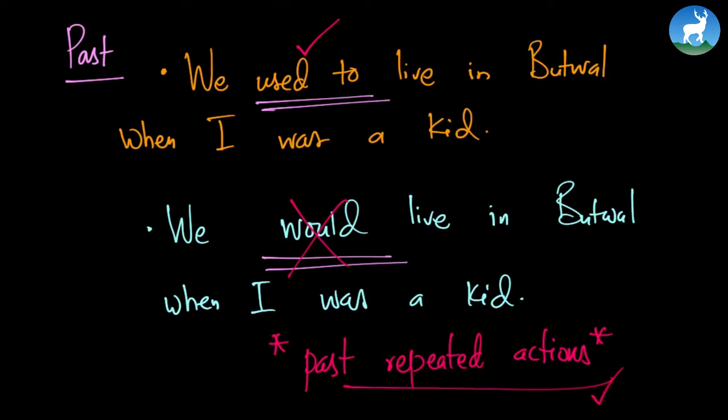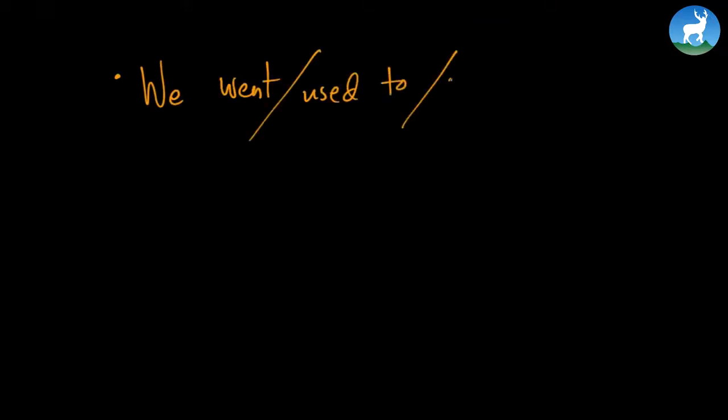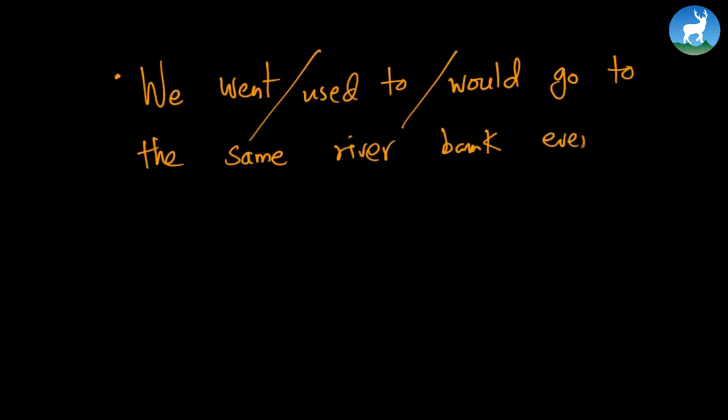That's simply wrong because we have to use used to. Does this make any sense? It does, right? We can also say something like we went, or we used to, or we would go to the same riverbank every Saturday.